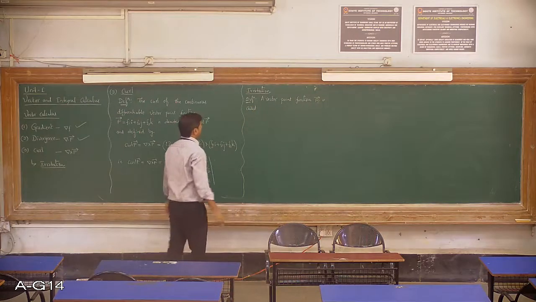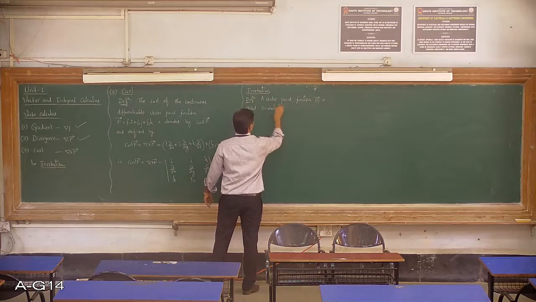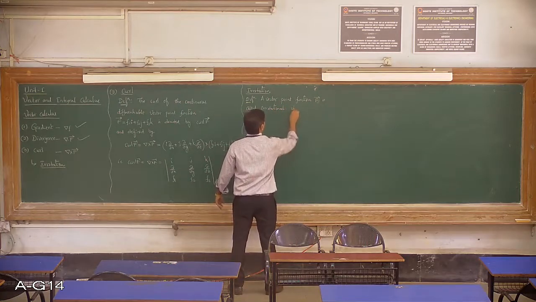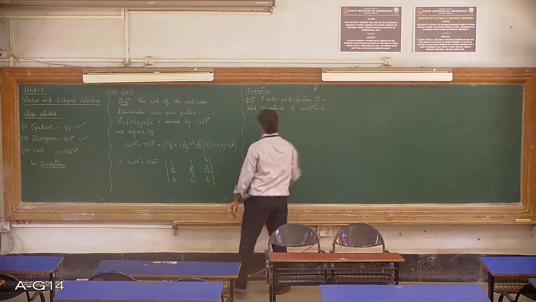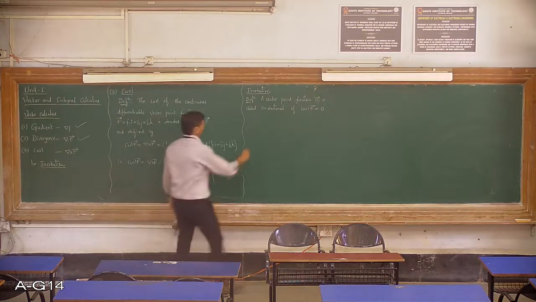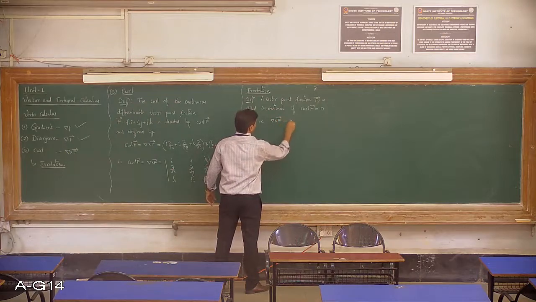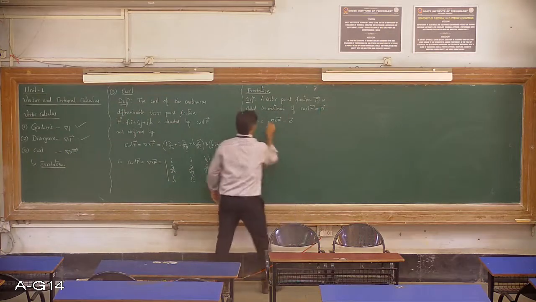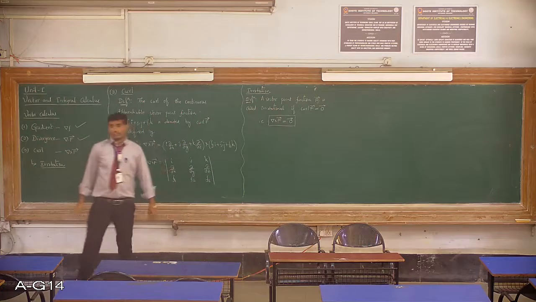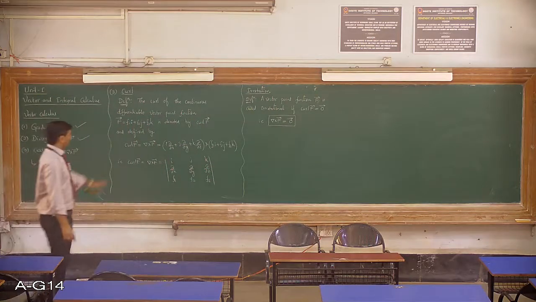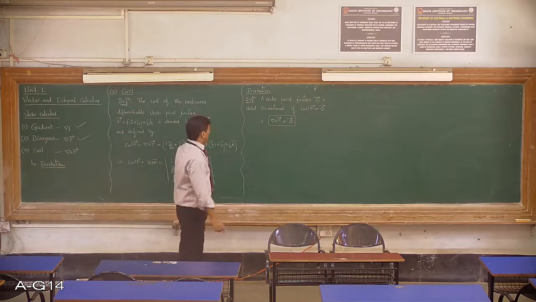A vector point function F is called irrotational if curl F is equal to 0. Or else you can say del cross F is equal to the 0 vector, not a scalar 0, because the cross product will yield a vector function, so therefore it is the 0 vector, that means 0i plus 0j plus 0k.